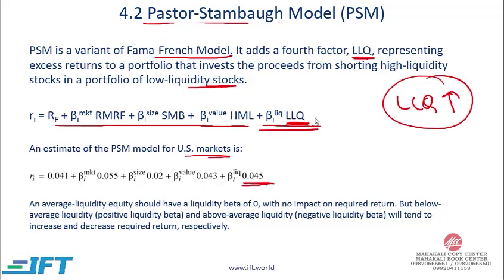So the excess return on average for low liquidity stocks is 0.045, which means that if we take a stock with average liquidity, then the sensitivity of that stock is going to be 0. For a stock which is less liquid than average, the beta liquidity is going to be positive, and for a stock that is more liquid than average, the beta is going to be negative.